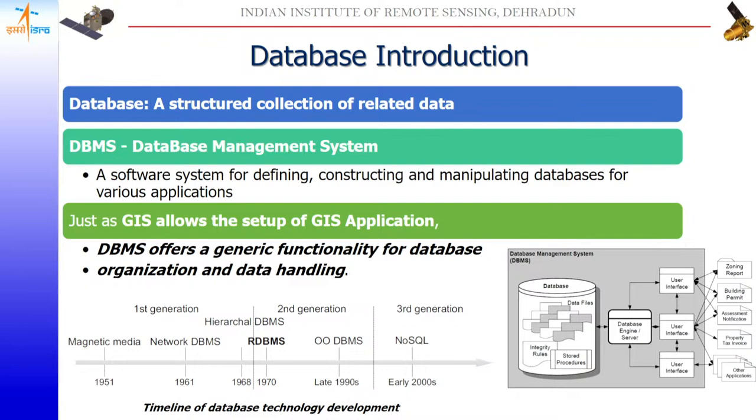DBMS also provides rights management wherein, based on different roles, people can access the data. Therein it can avoid the redundancy of data which is very much there in the file system. So depending on the role, different users can access the same data depending on the rights they have got.